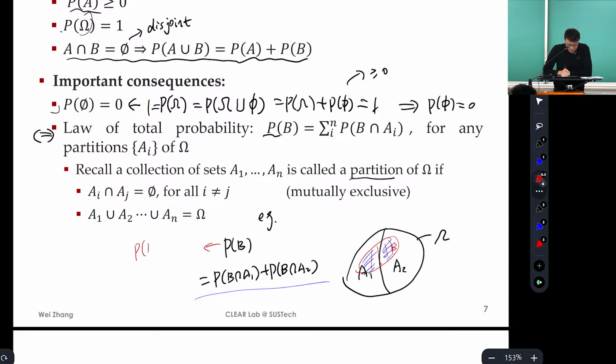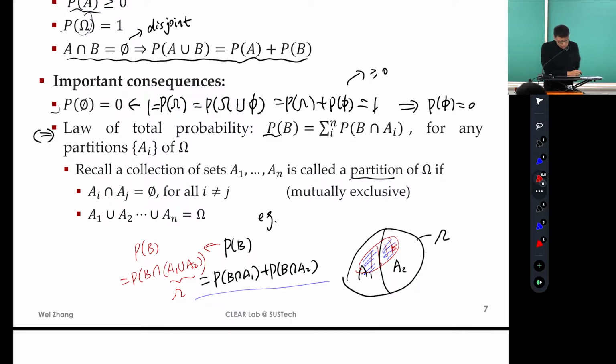It's because this is the probability of B intersect A1 union A2, which is the whole omega, and these two are disjoint, so you can make the sum of these two terms. So this is the law of total probability, and why is this important?